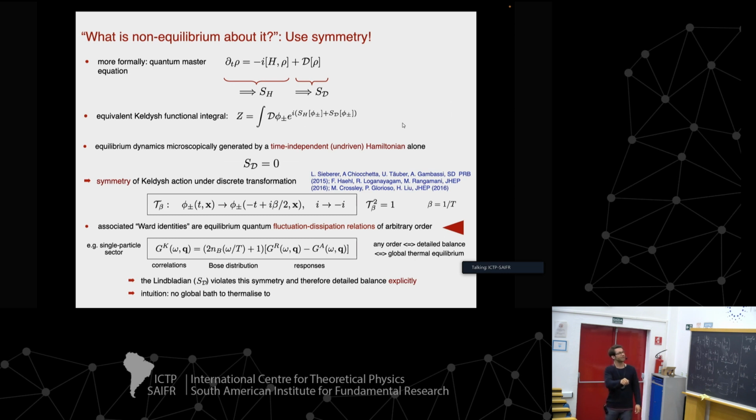You just have to check whether the symmetry is present on the action. So it's much easier. I give you the microscopic input to your problem. You don't need to do any calculation. You just look at the microscopic input of your theory, formulate it as an action, and then test whether the symmetry is present.